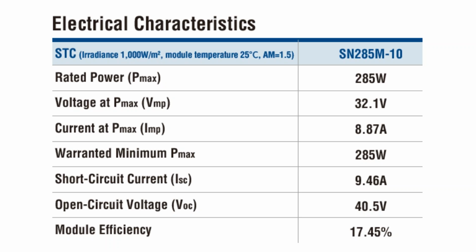What we see is ISC and VOC. That is your short circuit current and your open circuit voltage, compared to the VMP and IMP, which, a layman's way to describe it, is what your operating voltage and your operating amperage is going to be.